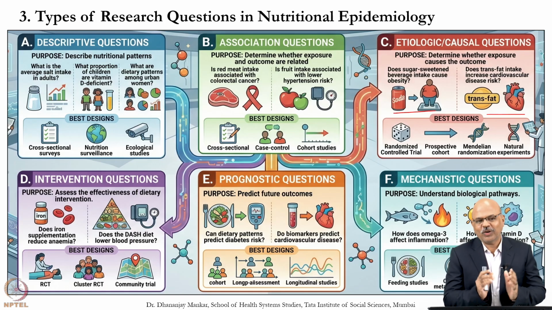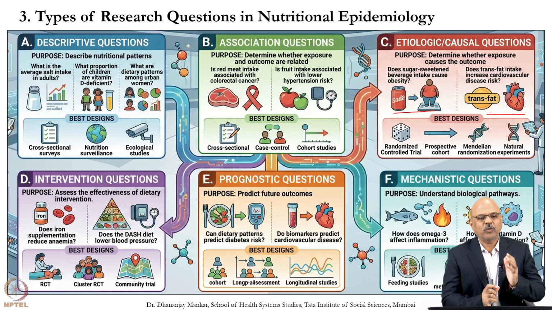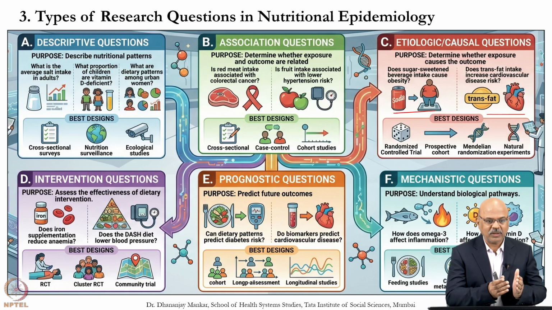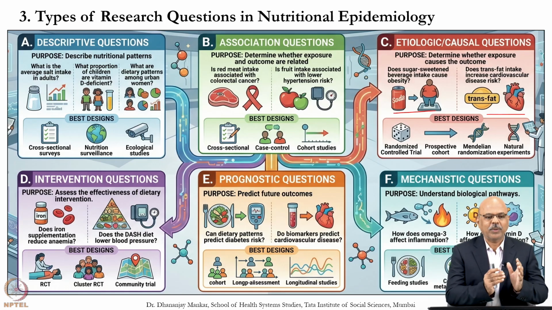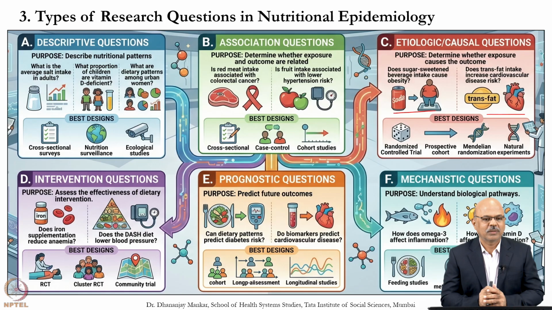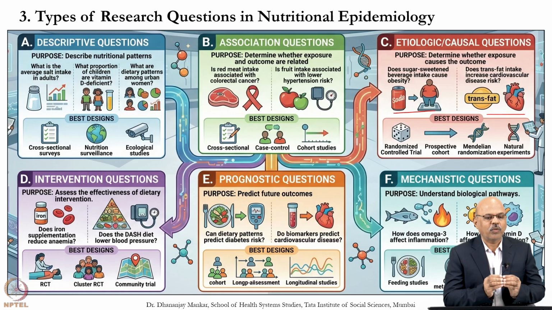Then comes intervention questions. What is the purpose of taking the intervention question? It is to assess the effectiveness of dietary interventions. So you may have a lot of dietary interventions which are done, and when you have to assess them, you can use the intervention questions. An example can be, does iron supplementation reduce anemia? Or you can say, giving more nutrition fortified food can reduce the condition of malnutrition.